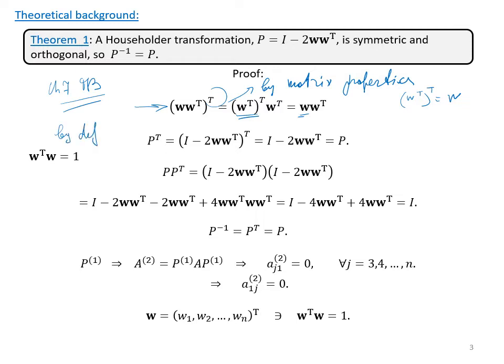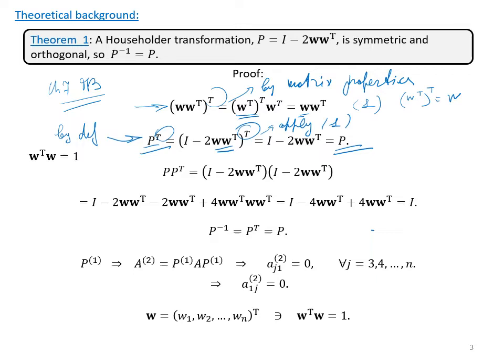Here, by the definition of householder transformation, we can write P is the householder transformation. We take the transpose matrix, we consider the transposed matrix, and since we just proved equation 1, apply equation 1 here. Here we consider this product, and now we see clearly that the transposed matrix P equals the original matrix P.